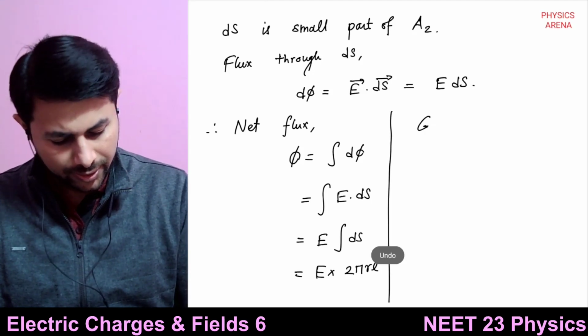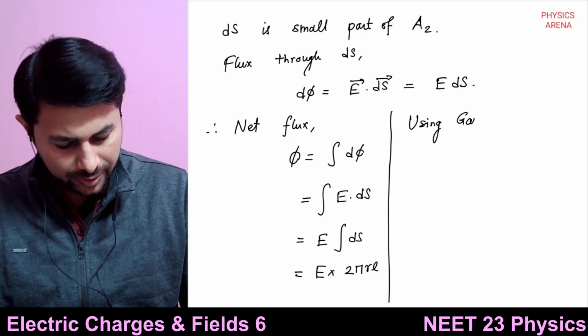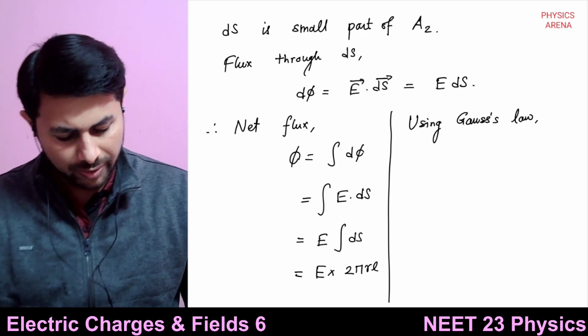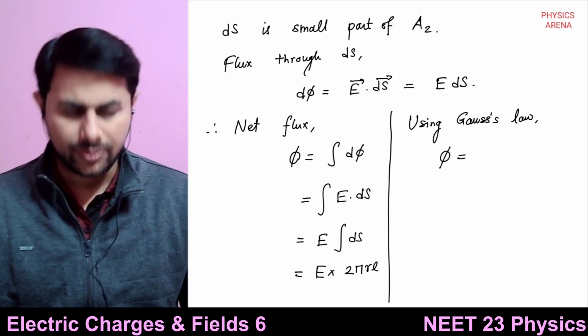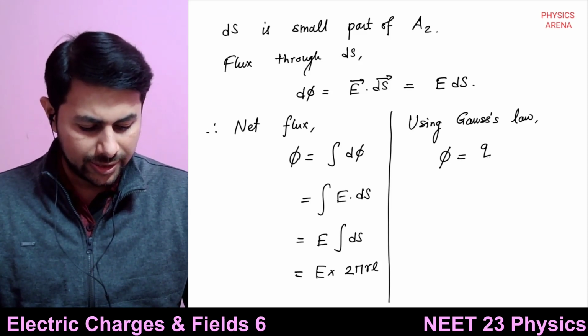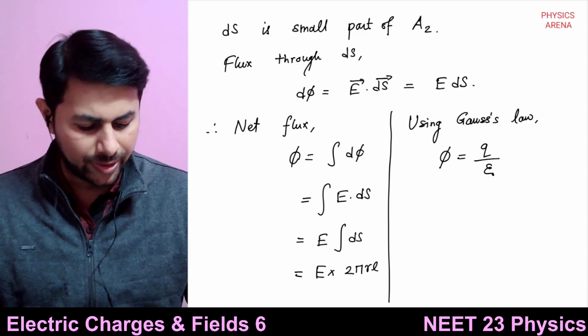Using Gauss's law, what can we say? That this flux is equal to charge enclosed divided by epsilon naught. How much is charge enclosed by the cylinder? Small q. Small q divided by epsilon naught.